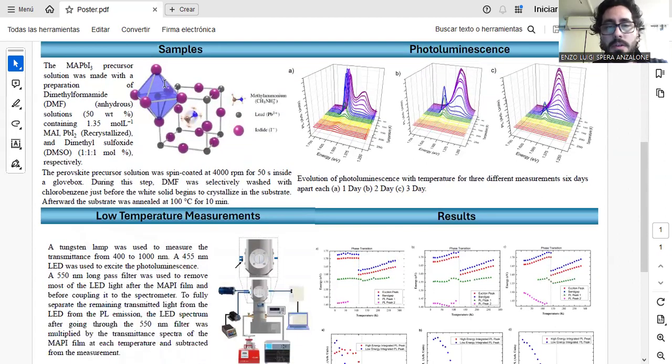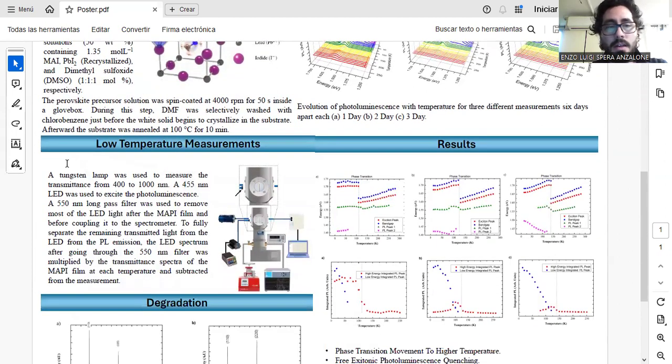These samples were studied in a closed cycle helium cryostat. We put the samples inside the cryostat with quartz windows, and we measured the transmittance and the photoluminescence of the samples every 10 Kelvin from room temperature to 12 Kelvin.